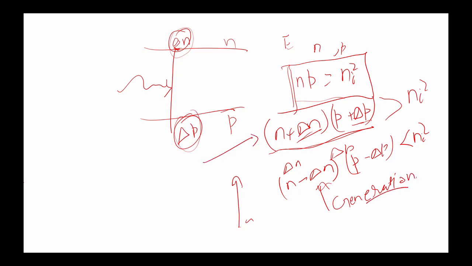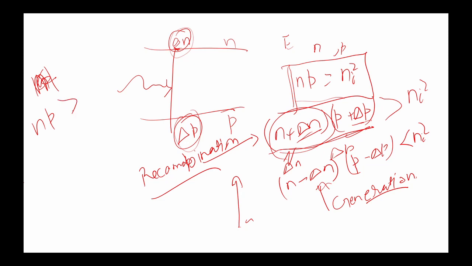In the other case, recombination will happen. So if np is greater than ni square, there is recombination.